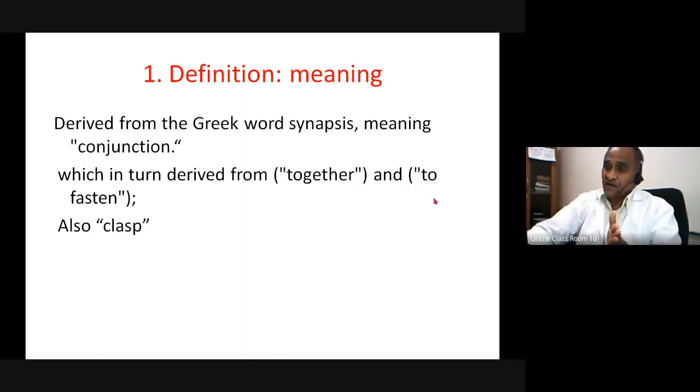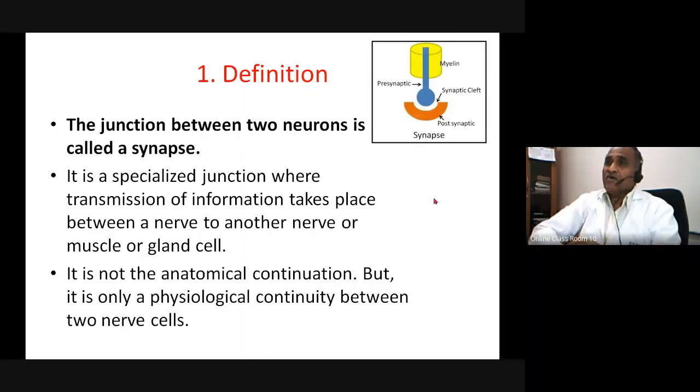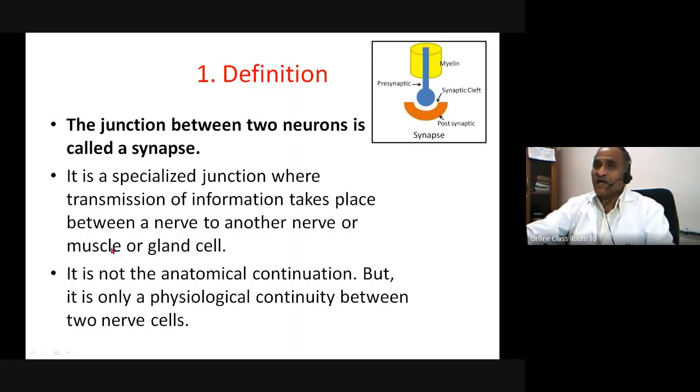Now, if I were to bring this into a definition form, in simple words, the junction between two neurons is called a synapse. Okay, it's too simple a definition. Maybe the next part would be a better definition. It is a specialized junction where transmission of information takes place between a nerve and another nerve, or muscle or gland cell.